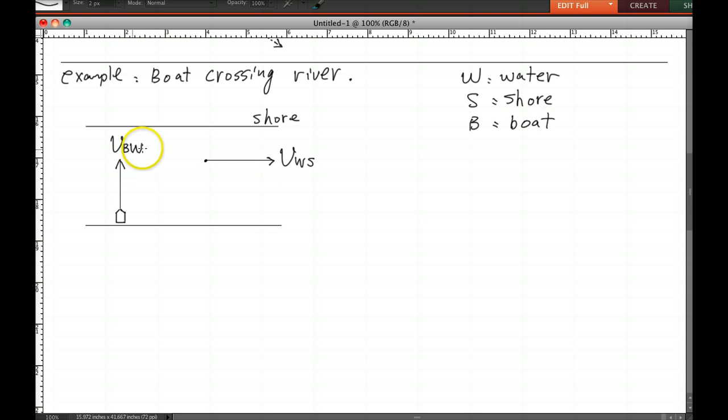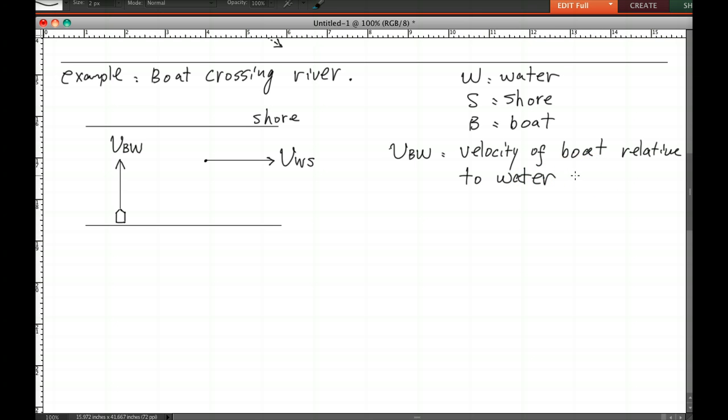So the VBW of course means the velocity of boat relative to water.